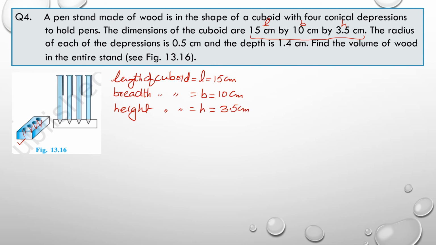So this is the dimension of the pen stand. Further they are saying the radius of each of its depressions. Now the depression is conical, so the radius of cone, small r, is equal to 0.5 centimeter, and its depth.